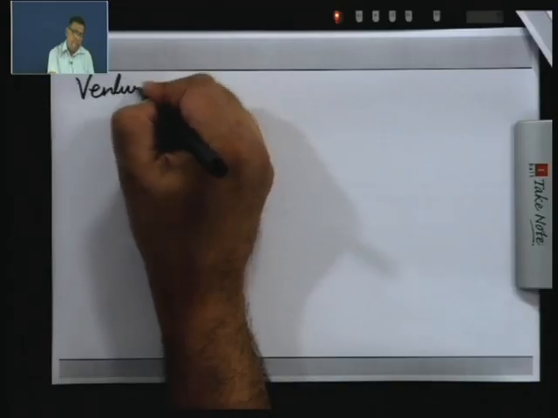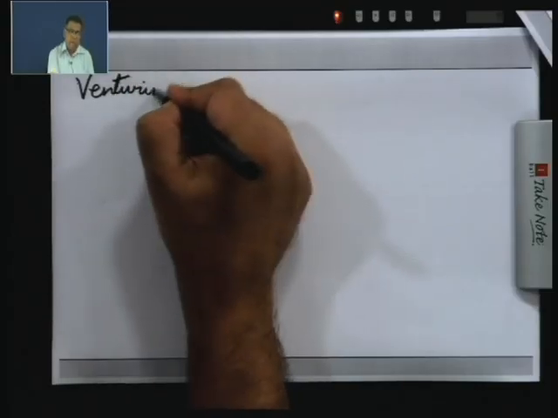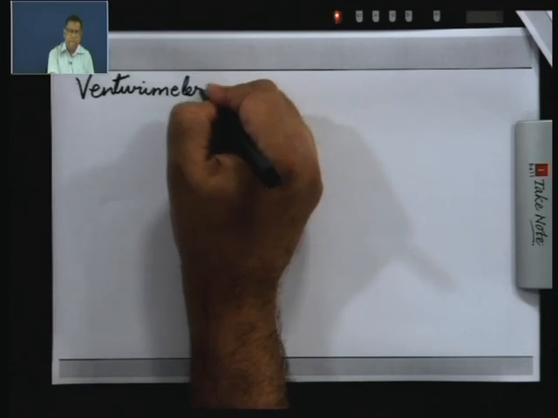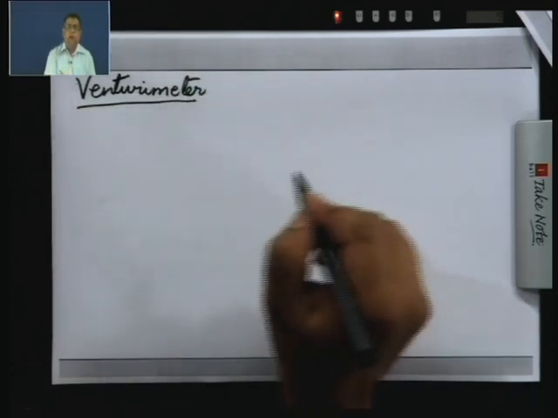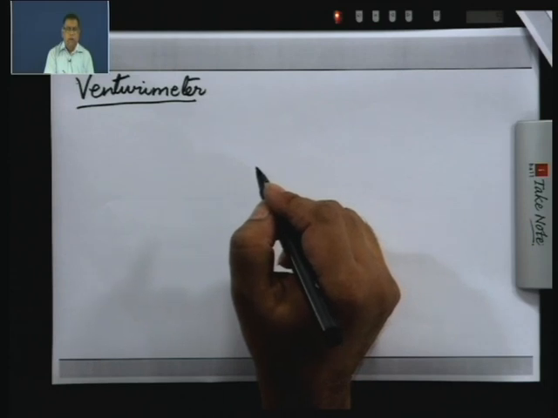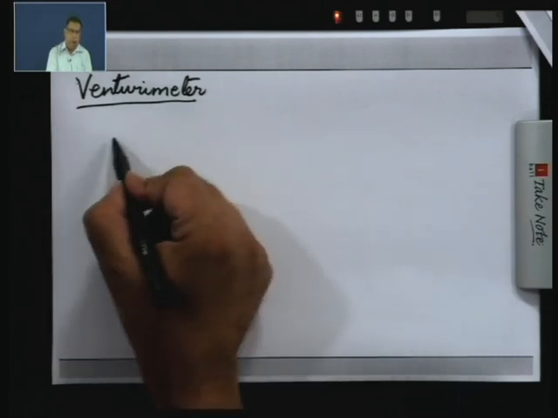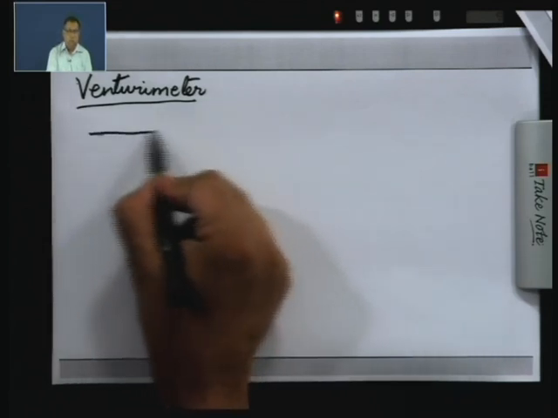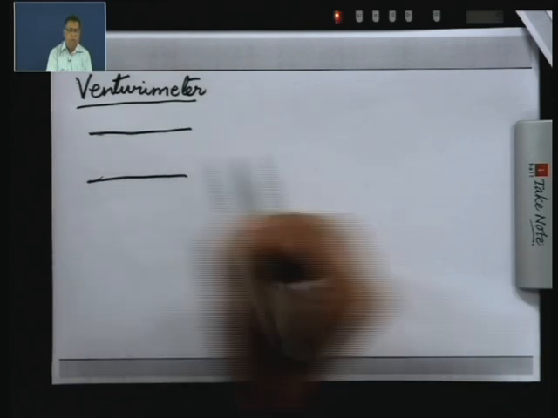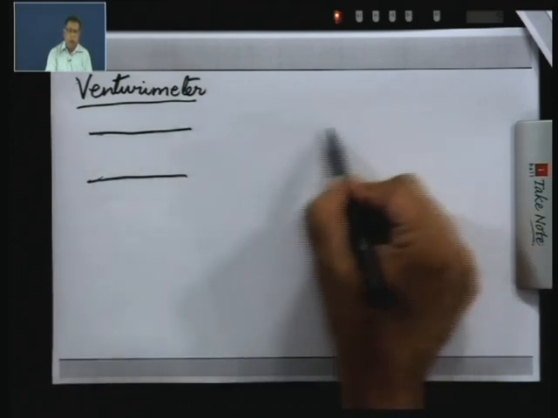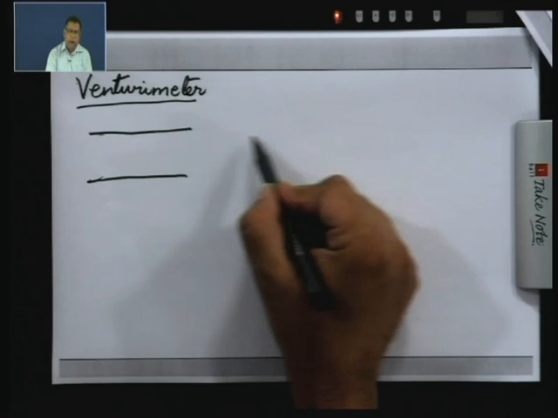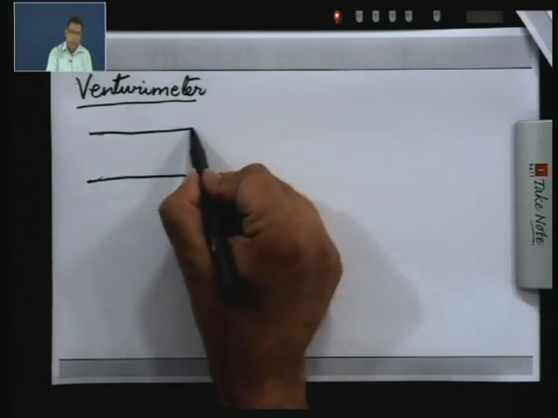Now, we will consider the principle of a venturimeter. So, this venturimeter is a converging diverging duct which is inserted in a tube. So, let us say you want to measure flow in a pipe, and you cut a section of the pipe and insert the venturimeter.